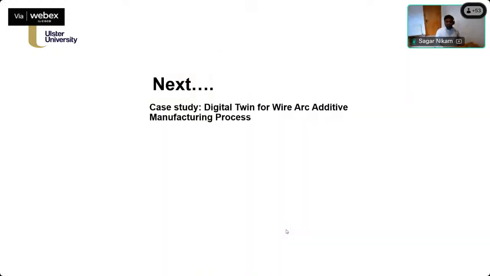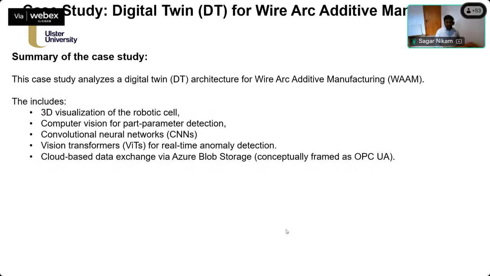Anas, I'll take you through the case study of a digital twin for an additive manufacturing process. It is used to monitor the robot position and also detect defects in it. As a summary, in this case study we look at how the digital twin architecture for wire additive manufacturing is built.